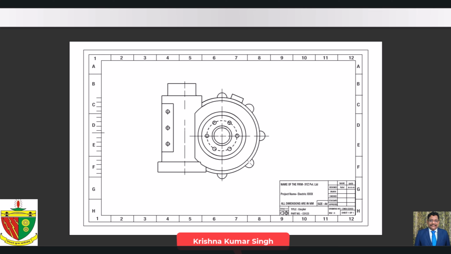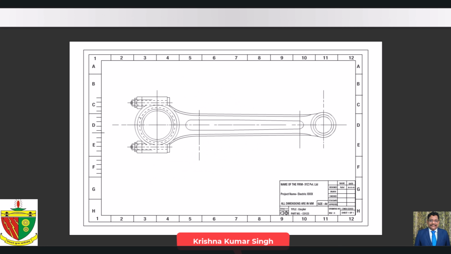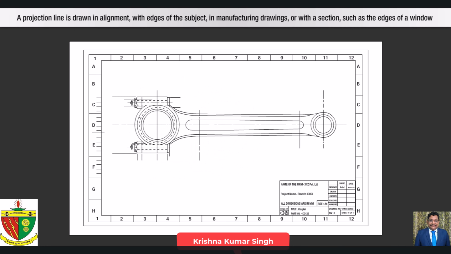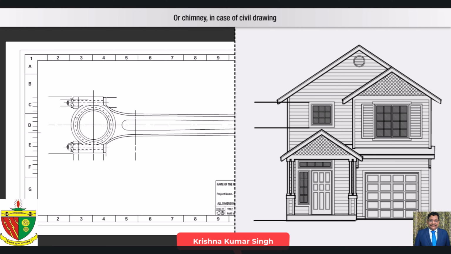Projection and dimension lines. Projection and dimension lines are drawn in or around the outline of the subject and are used to indicate measurements and instructions. A projection line is drawn in alignment with the edges of the subject in a manufacturing drawing, or with a section such as the edges of a window or chimney in the case of a civil drawing.